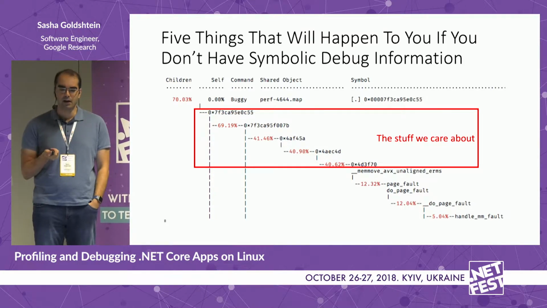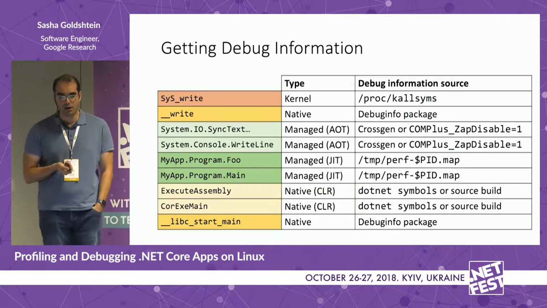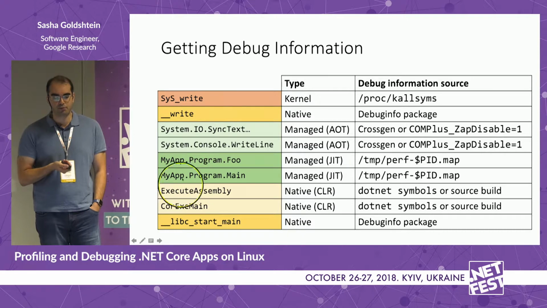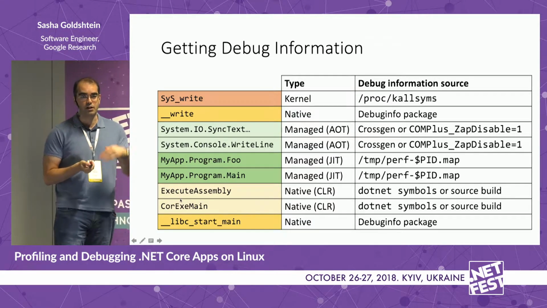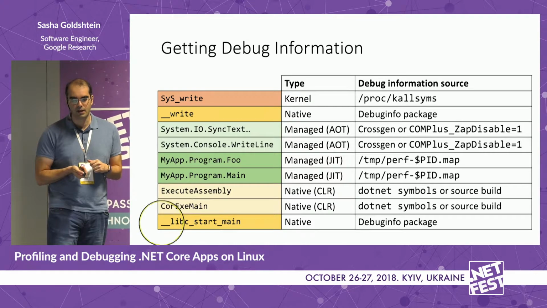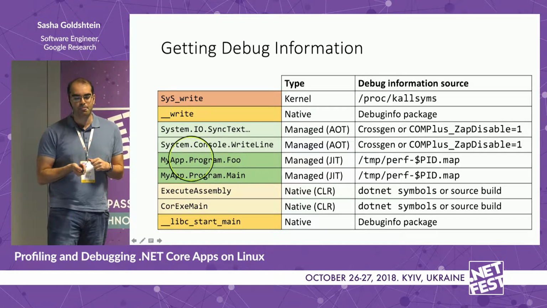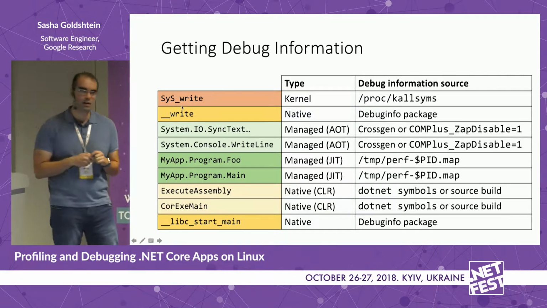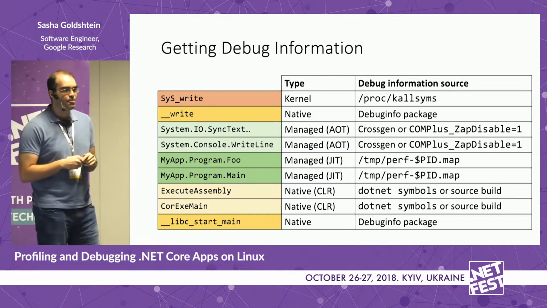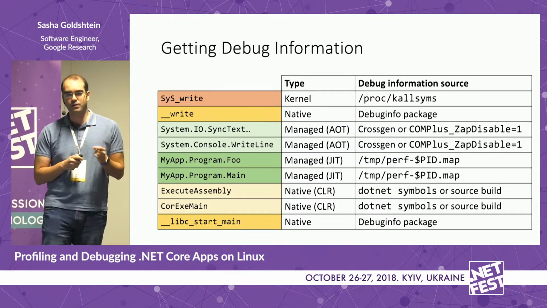So what's happening is that here's a stack trace of just some .NET program running on Linux. Read it bottom to top, like you always read a stack trace. So it's got program.main, program.foo, and then that calls writeLine and goes into some other functions. On this stack trace, there's multiple types of functions.